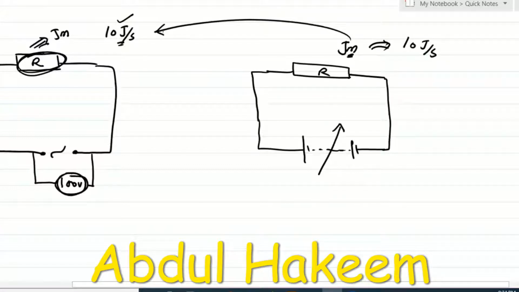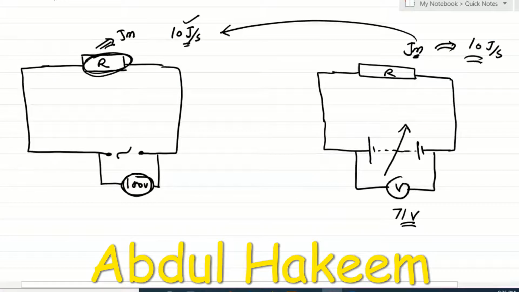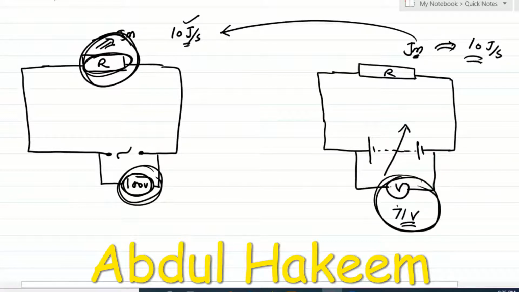Once the energy rate is the same, we determine the voltage of the DC, and this will be approximately 71 volt. Look, 100 volt alternating through the same resistor is exactly equal to 71 volt direct voltage through the same resistor.